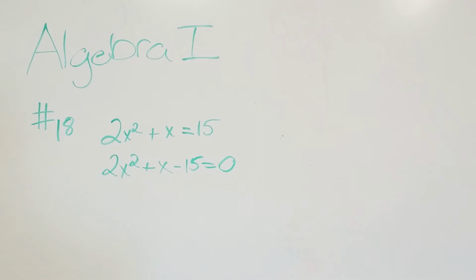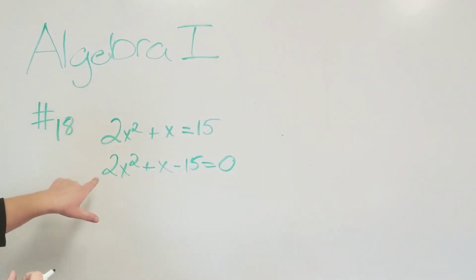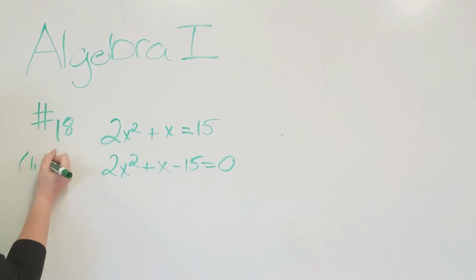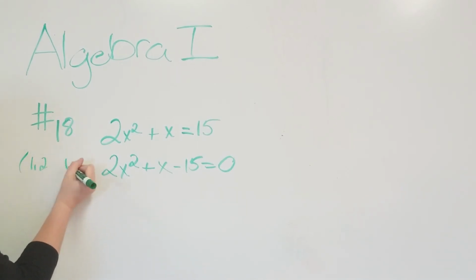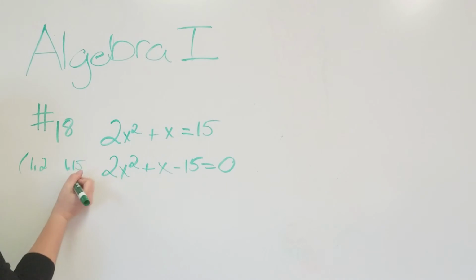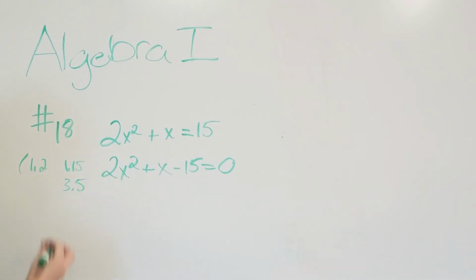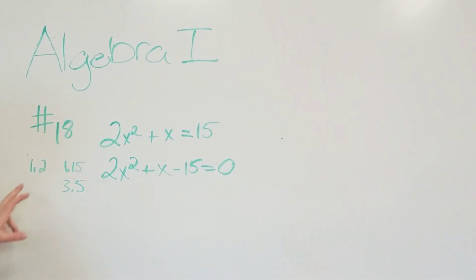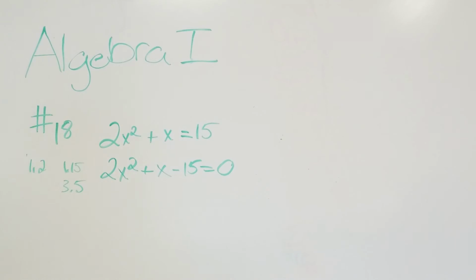So I'm going to do factoring. The factors of 2 are 1 and 2, and my factors of 15 are 1 and 15 and 3 and 5. And I need to make a 1 in the middle. So I'm going to go with 2 times 3 is 6, and 1 times 5 is 5. So 6 minus 5 would give me my 1 in the middle, all right?